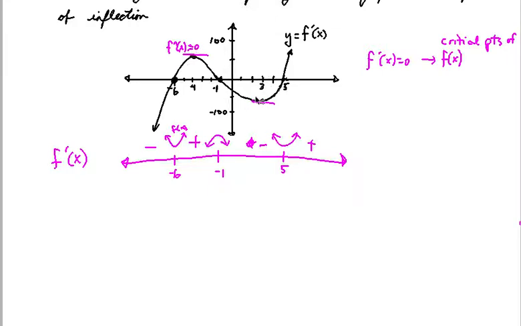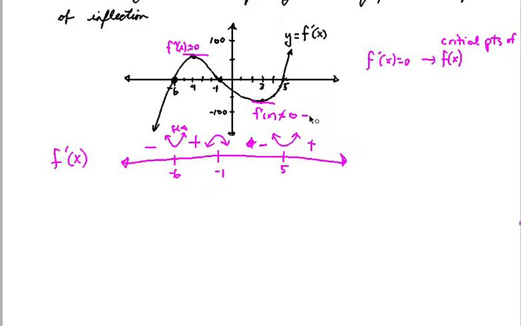Well, it is a point of inflection if the f double prime of x is 0, but it's either going to be stationary or non-stationary, right? So is this going to be stationary or non-stationary? Well, it's not stationary because f prime of x is not 0, right? It's some number. It's down here, okay? It's not 0.